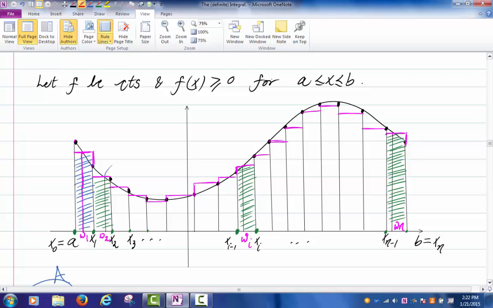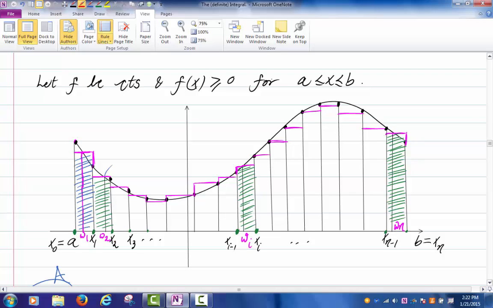So the point is, look at the limit of the Riemann sum as you pick more and more partition points. As you pick more and more partition points, these Riemann sums will tend to a number, will approach a number. And that number is what we call the definite integral of the function f from A to B. Am I making sense?